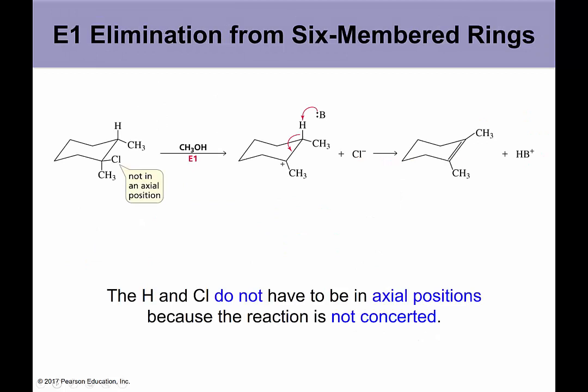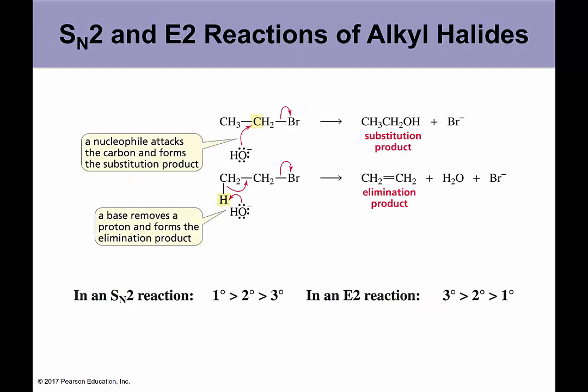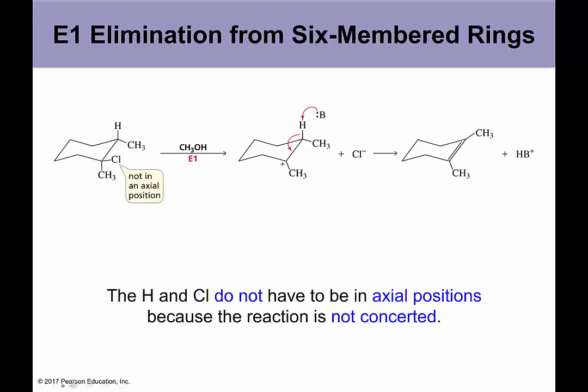If the mechanism is E1, again, using methanol as an example, and if you remember, the previous example was ethanol. But if you use methanol, that's again a poor base, a weak base. What happens is, even though this chlorine's not in the axial position, when it leaves, because it's an E1 mechanism, it forms a carbocation.